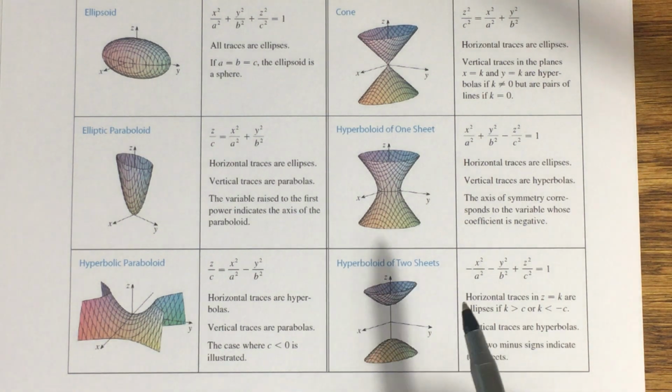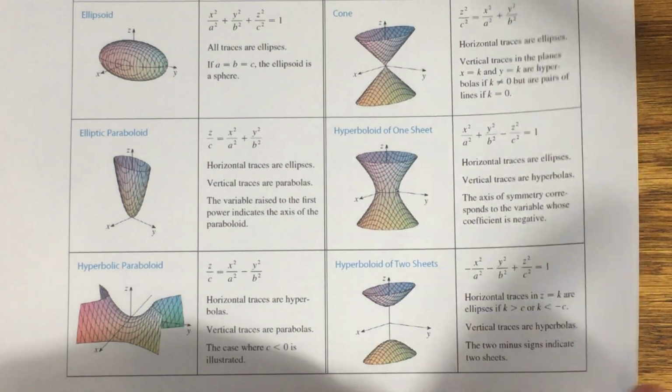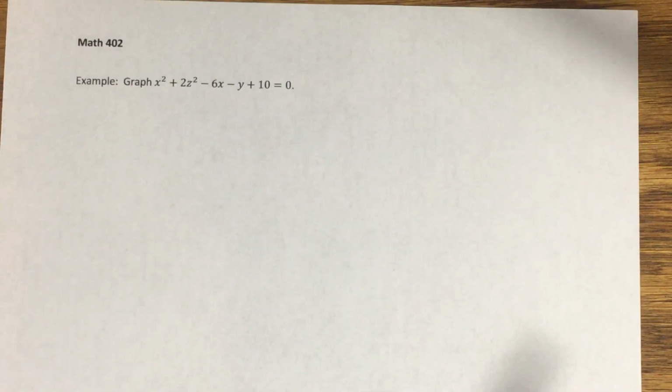Okay, so almost done here. I have one more example that I want to do. We're going to graph one more surface, and again, this one's not in that standard form yet. This one is just to point out something that happens with quadric surfaces that also happens with conic sections.